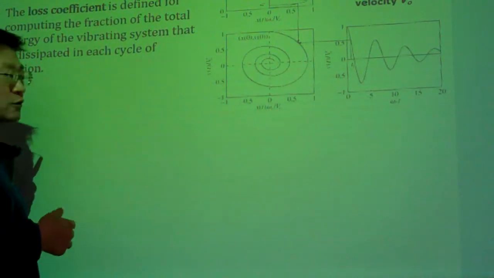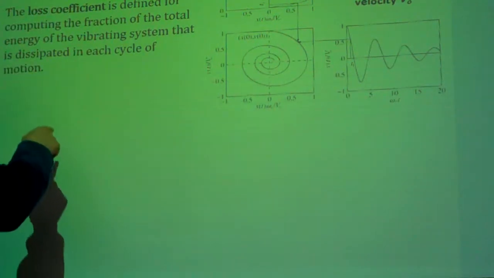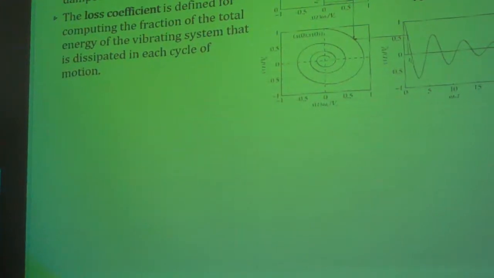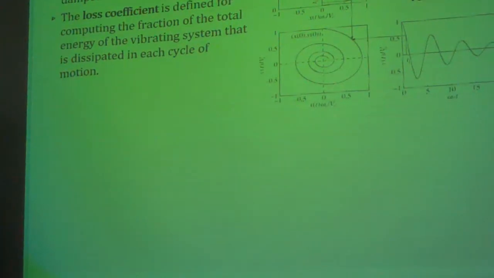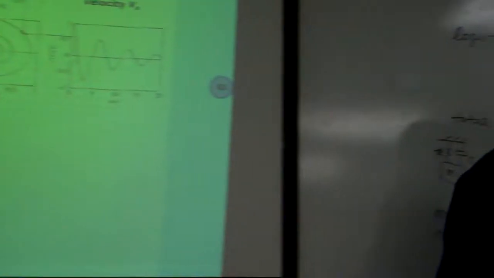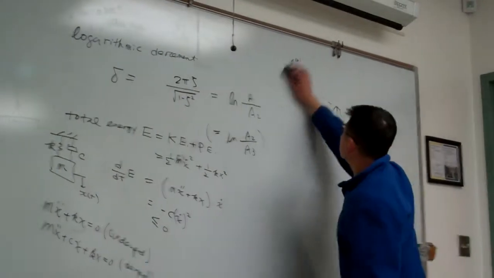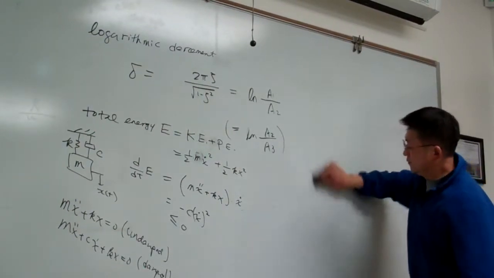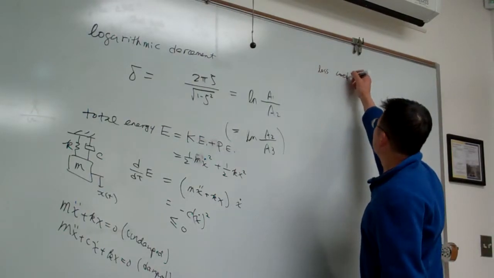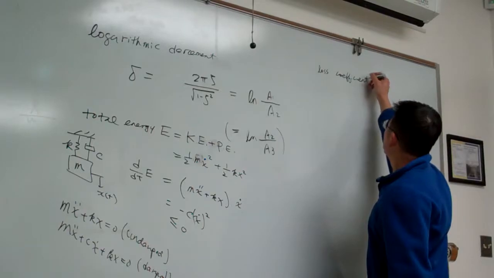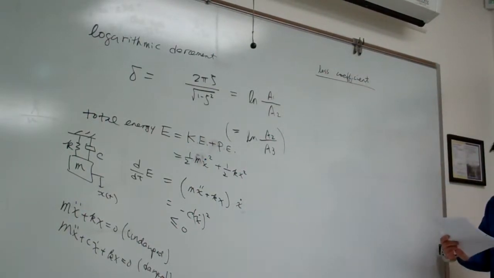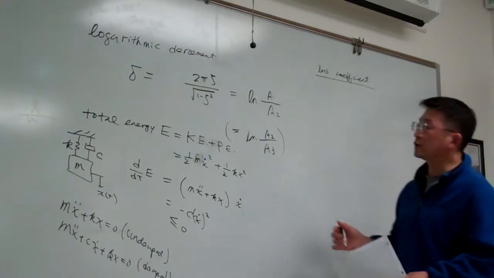We know the energy is going to dissipate, and the loss coefficient tells us how quickly the energy is going to be lost. Let me define this coefficient here.